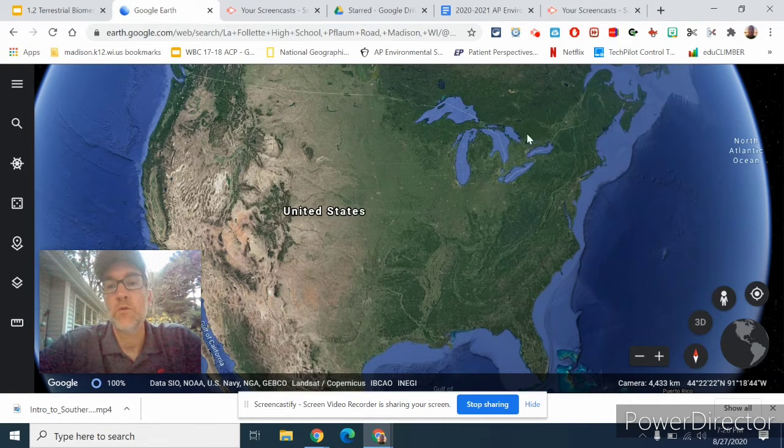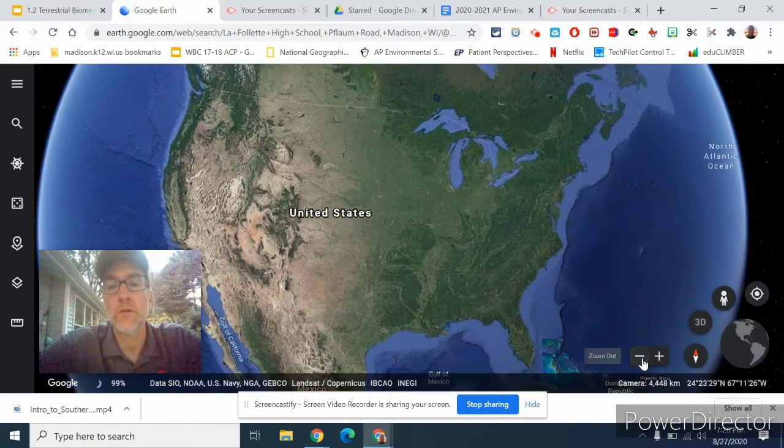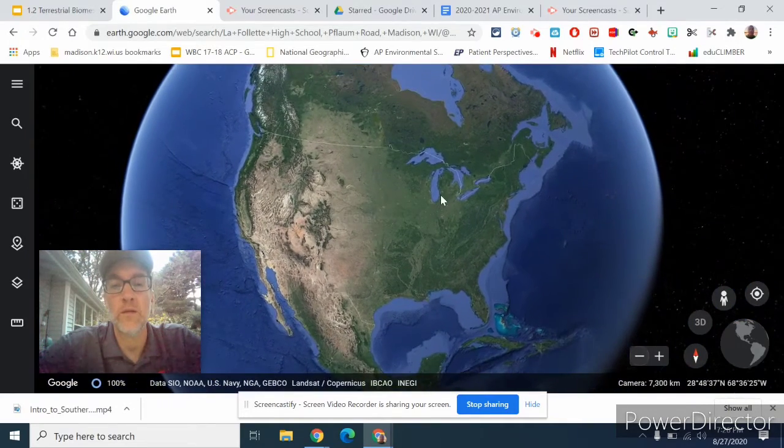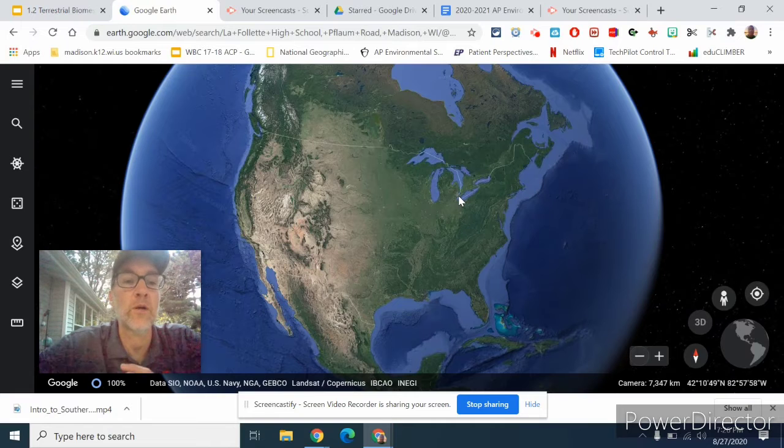So here you can see from Google Earth, and most of the text and the curriculum deals with North American biomes. These biomes, which there are 9, also exist in other continents as well. But you can see the major eastern forest biome, in which deciduous forest, which we are part of here in Wisconsin.